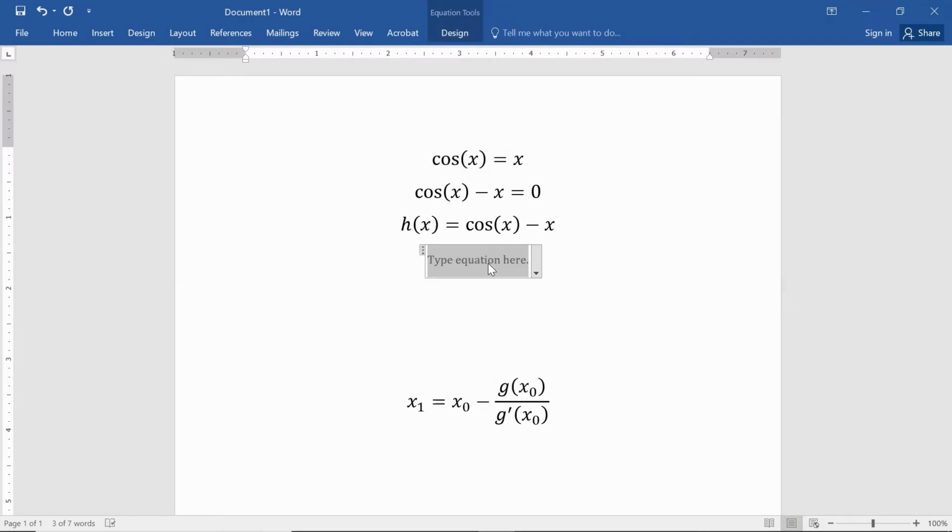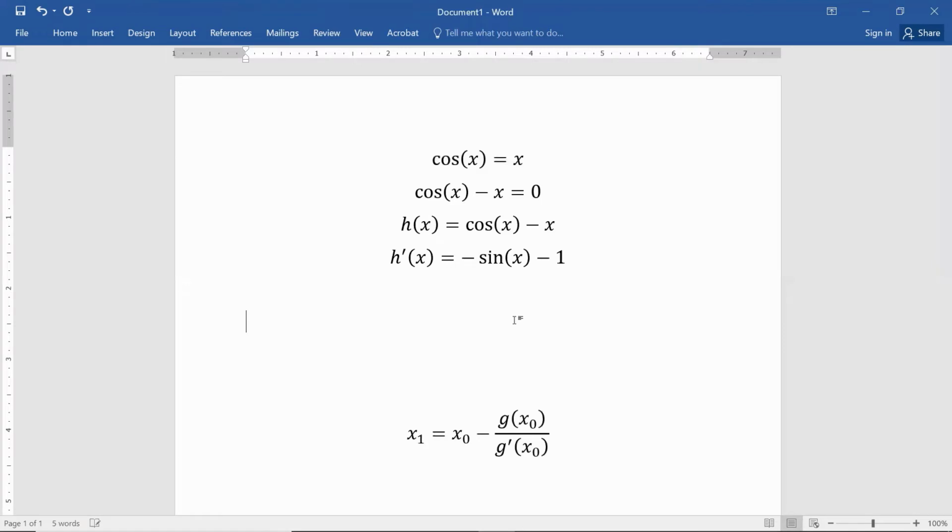If that's my function, then the derivative of this function is going to be the derivative of cosine minus the derivative of x. So the derivative of cosine is negative sine, the derivative of minus x is minus 1, so you get minus sine x minus 1.